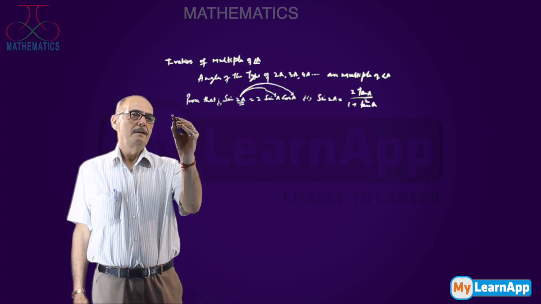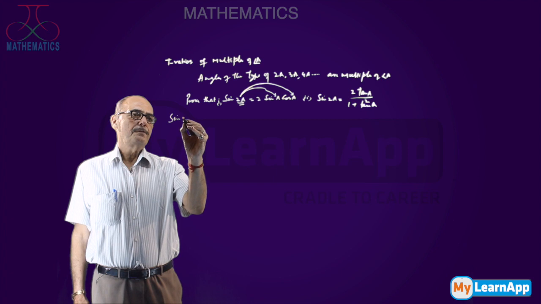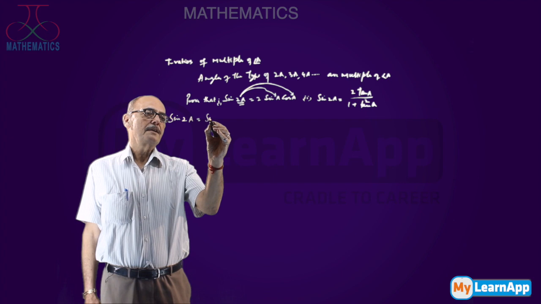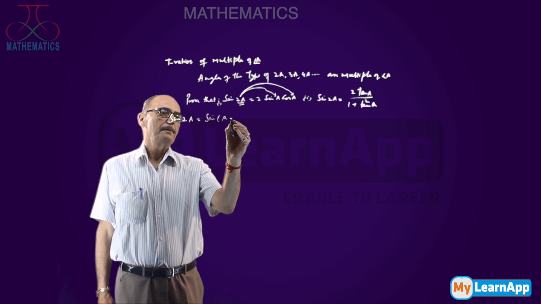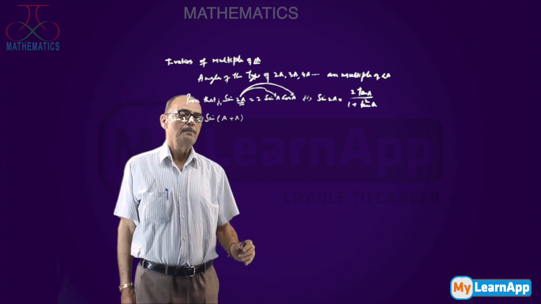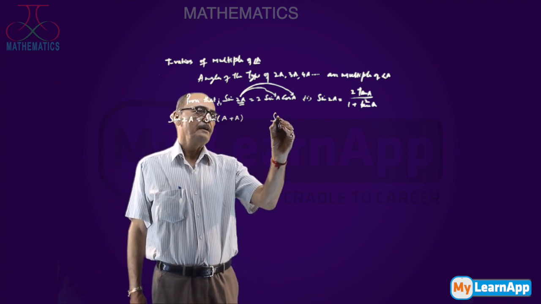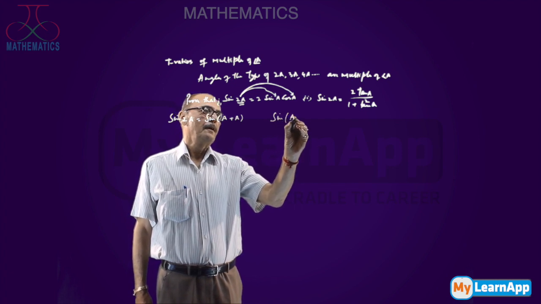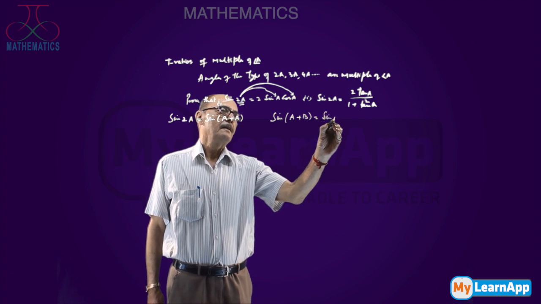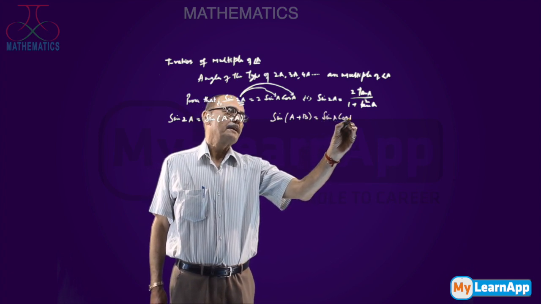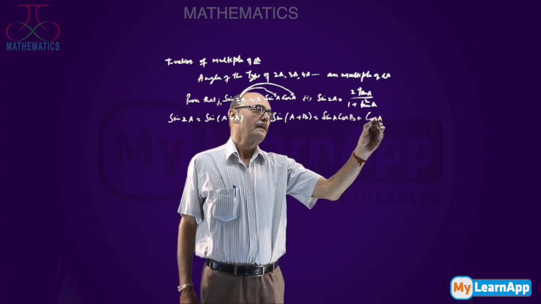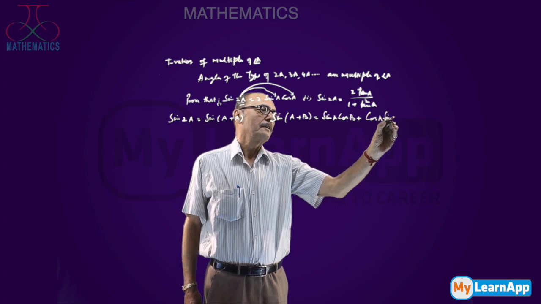We have sin of 2A. This can be written as sin of A plus A. So we make use of the formula which we are already familiar with, sin of A plus B: sin of the first angle, cos of the second angle, plus cos of the first angle, sin of the second angle.